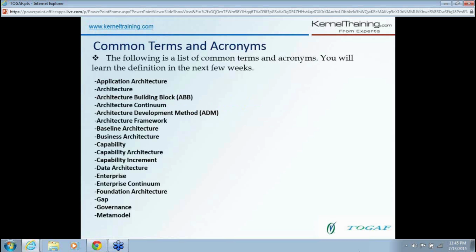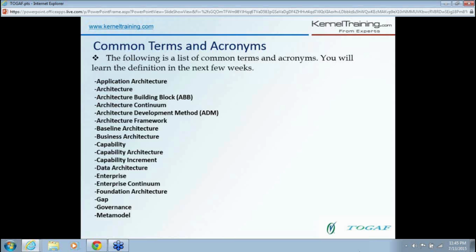The first slide is talking about several terms and acronyms that TOGAF uses. Some of them are listed here. One is the application architecture, the architecture building block. The architecture building block is something that we will go into well in detail, because a building block is something that we need to understand thoroughly in TOGAF.